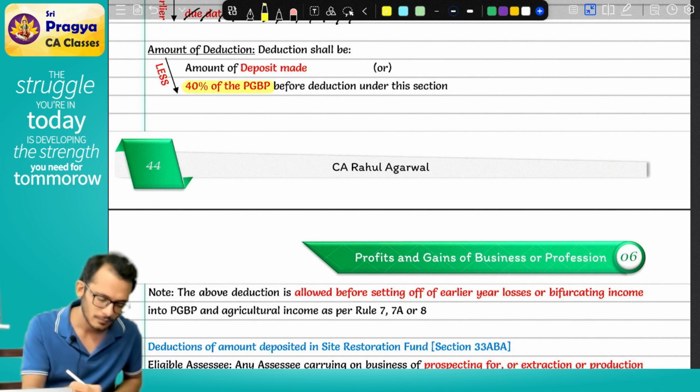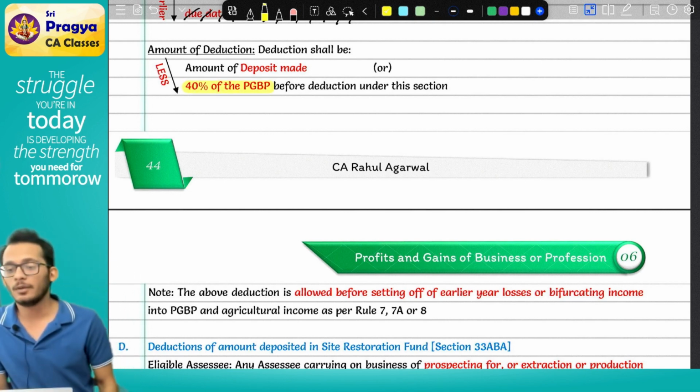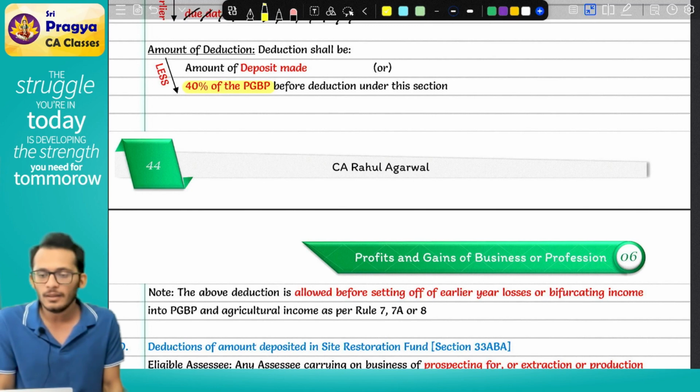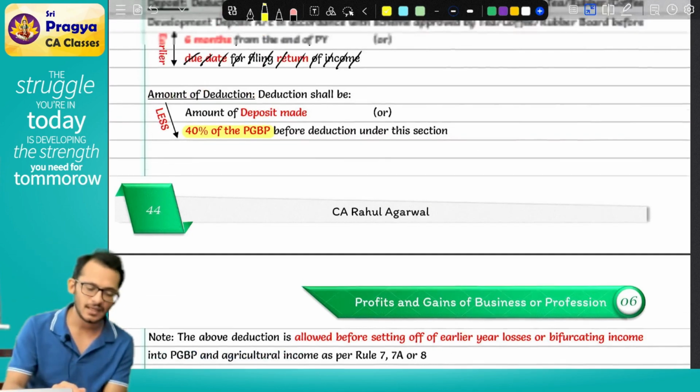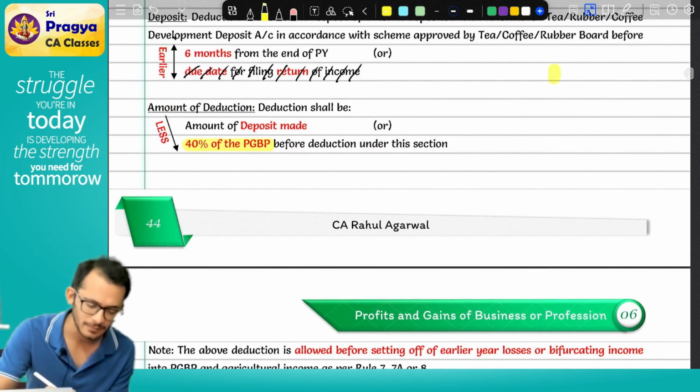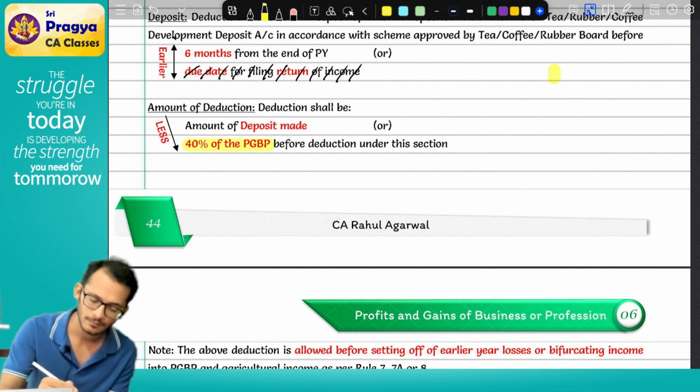How much? Up to a maximum of 40% of the PGBP, which means, Rahul, I have a PGBP of 100. What do I have? I have a PGBP of 100.